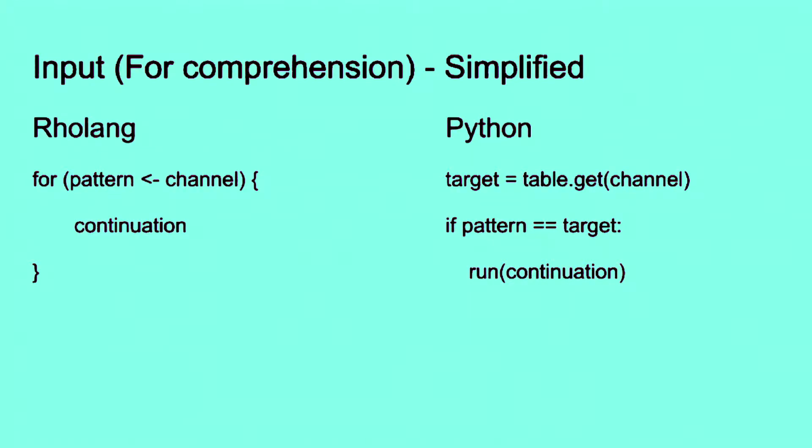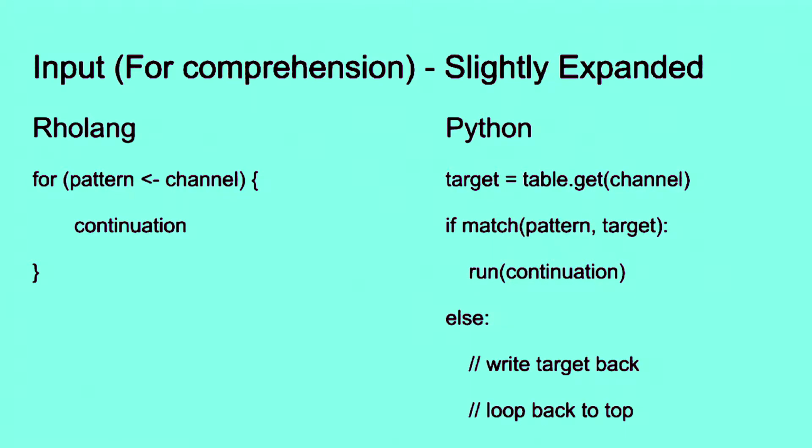This is a bit oversimplified. If we expand it a bit more, first of all, the equality is not an equality. It is a match statement that Kyle described earlier if you were at his presentation. But for the simple cases, it does reduce down to equality of the pattern and the target, or the value that was returned from getting the channel.